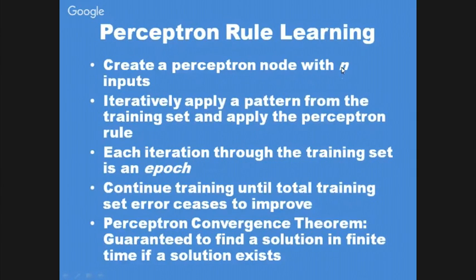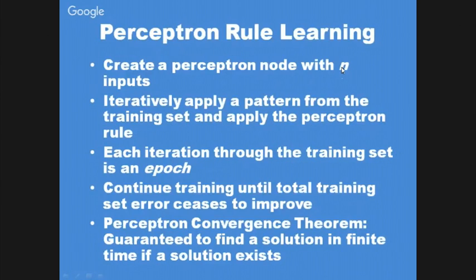Each iteration is known as one epoch, that I have told you, one training process is known as one epoch, and it should continue the training until the total training set error ceases to improve. That means when all the inputs have the equal target value, then only we will say that training is complete.